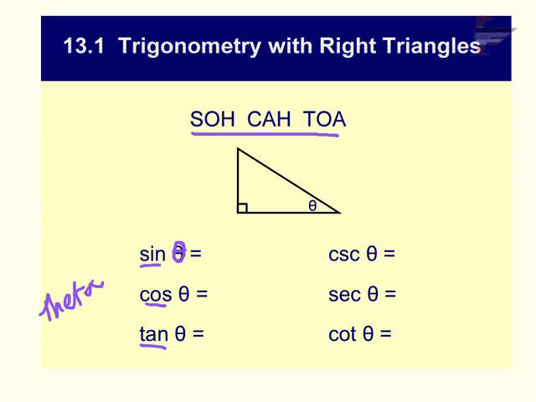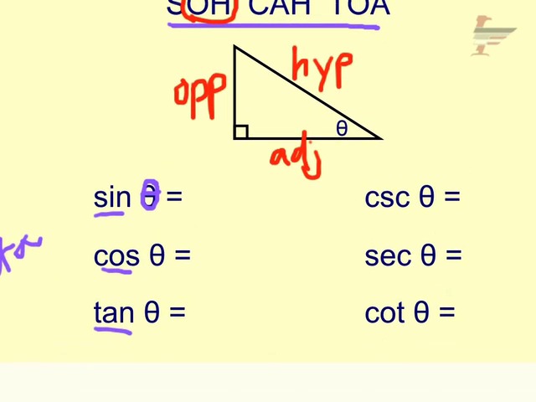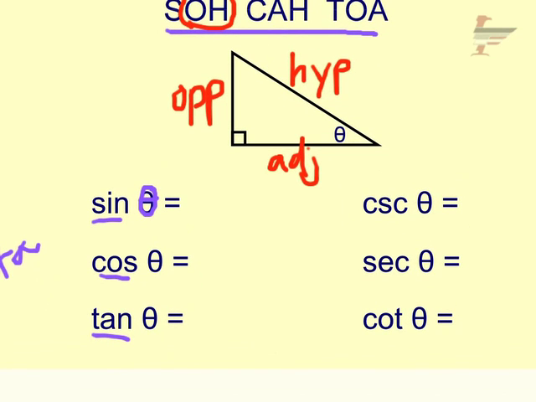So we label a triangle based on where theta is. The opposite side from theta will be across the triangle. The hypotenuse is always across from the 90-degree angle, and your adjacent side is next to the angle. So sine, this is our O and the H. When we do sine, we do the opposite side over the hypotenuse.